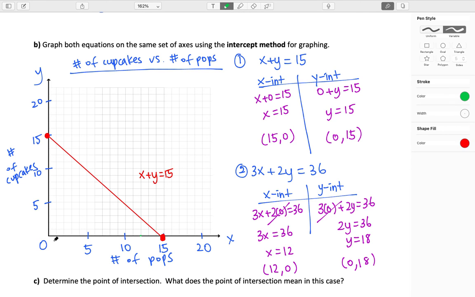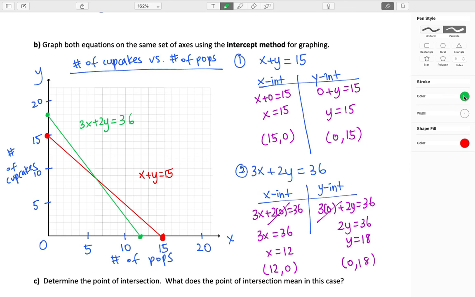So it looks like each square represents 1. So this is 12, and then this is 18. And then let's connect the points. Okay, so this is 3x plus 2y equals 36.